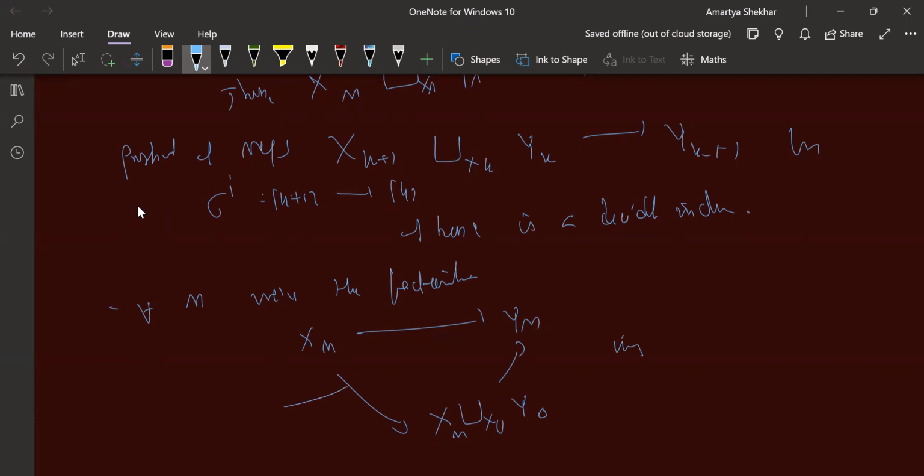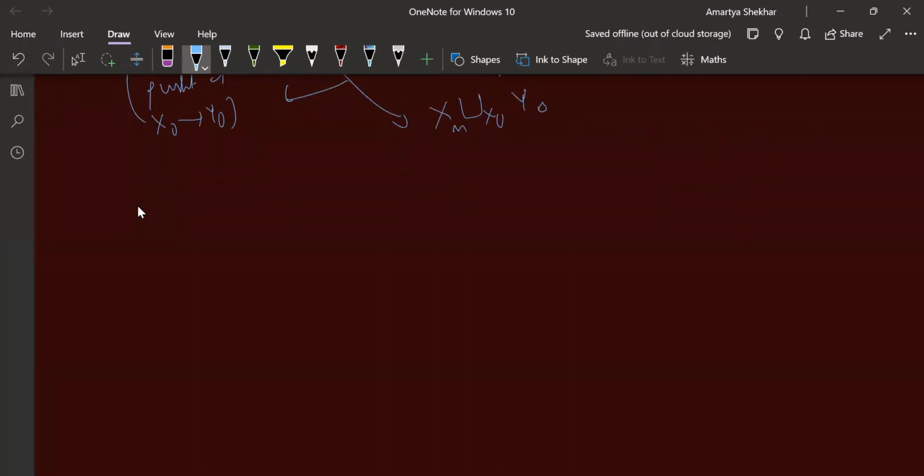Yeah, so this map is just a push out. So yeah, we use this, and we can show that, and because of that, it's decidable. Yeah, I won't get into the details.